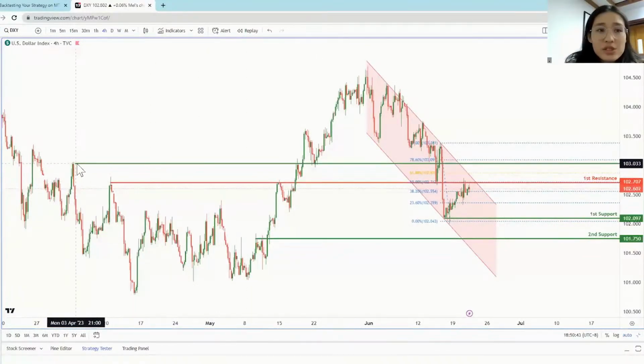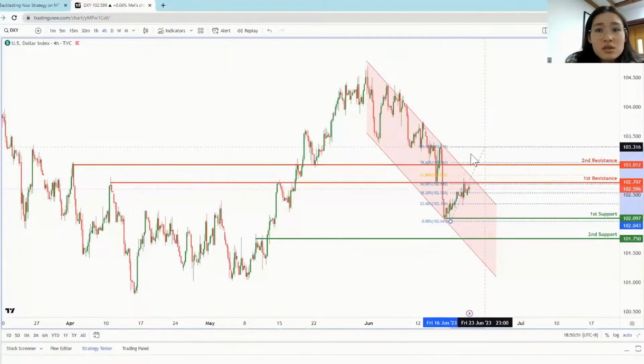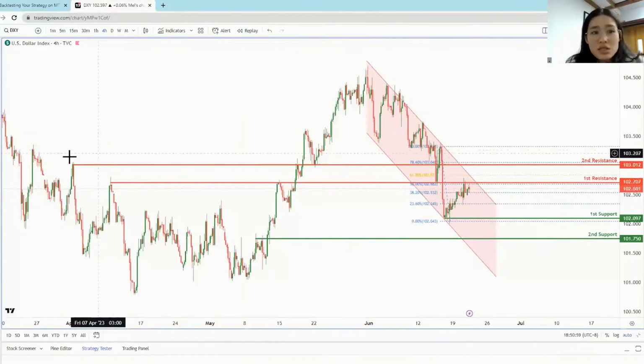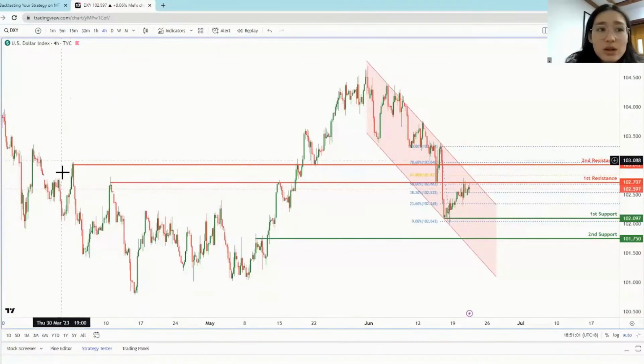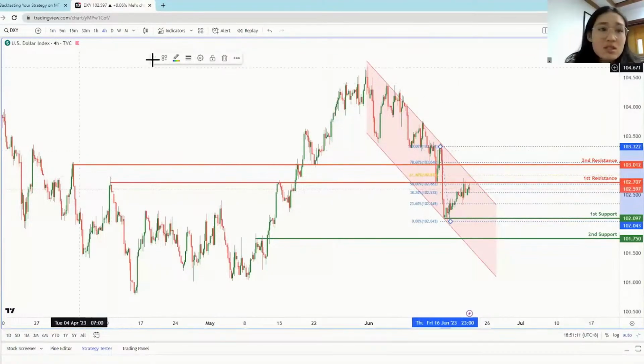And the reason for that is because for this specific graph, we have a lot of swing highs and swing lows. Okay, so we have a 78.6% that lines up with my second resistance. And my second resistance is significant on its own as well because it is an overlap resistance. Okay, and I can tell my 50% Fibonacci retracement is nicely in line with my first resistance.